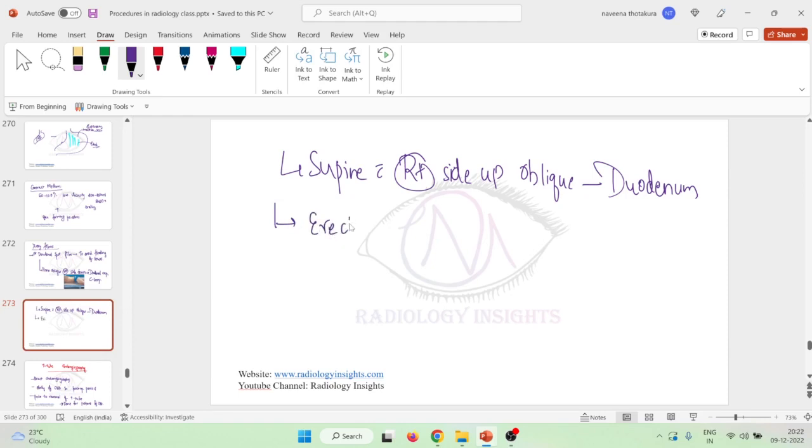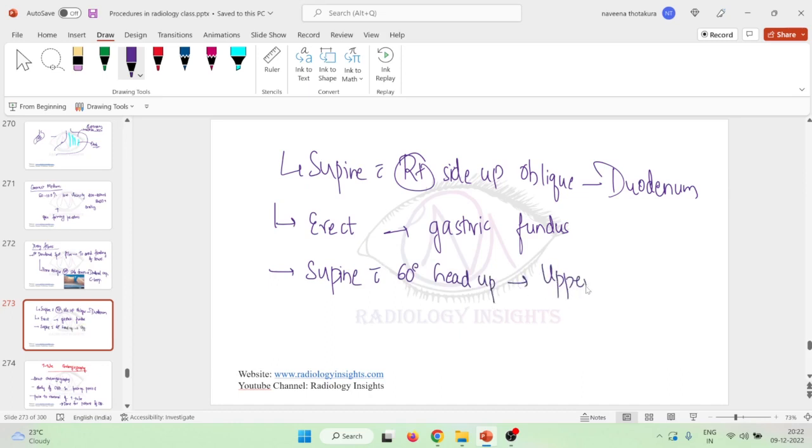Next we take an erect view, mainly for the gastric fundus, followed by a supine view with 60 degrees head up, which is taken for the upper body of the stomach.